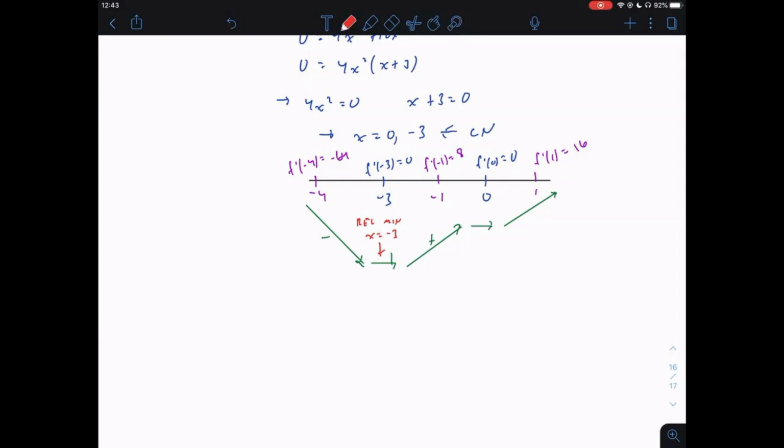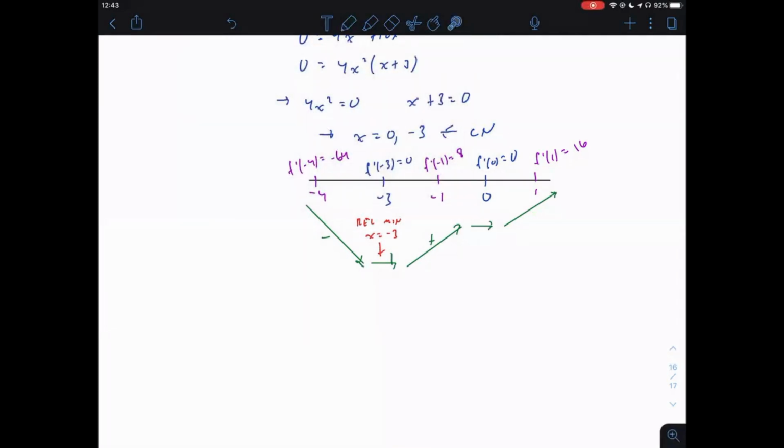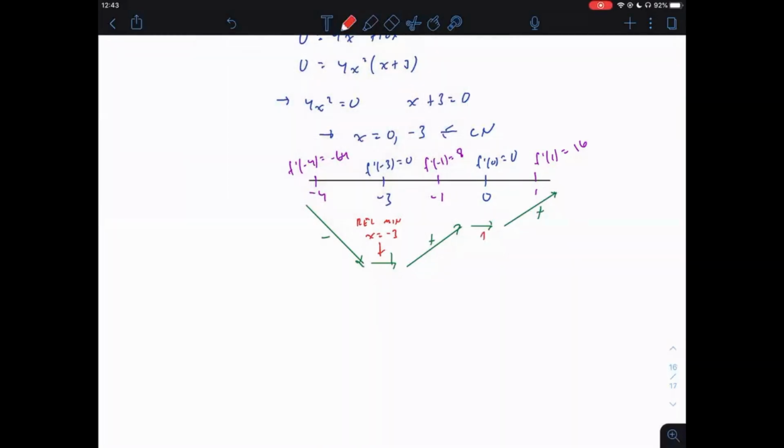But notice that at the other critical point the slope remained positive, so the function continued to increase after that point. Since there's no change in direction, at x equals 0 we have neither a max nor a min. Instead, we have what's known as a saddle point.